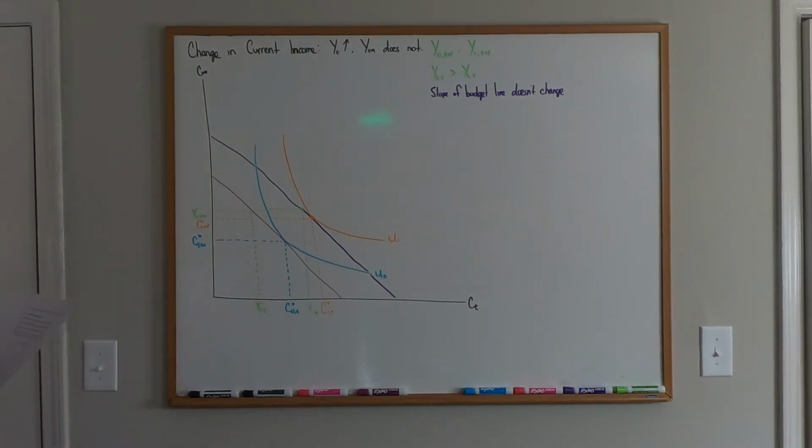And this is what happens when we get an increase in current income. So YT plus 1 remains unchanged.